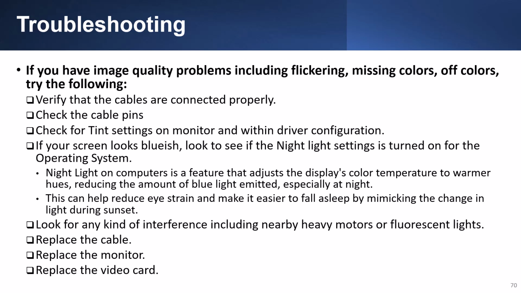Night light on computers is the feature that adjusts the display's color temperature to warmer hues, reducing the amount of blue light emitted, especially at night. This can help reduce eye strain and make it easier to fall asleep by mimicking the change in light during sunset. Look for any kind of interference, including nearby heavy motors or fluorescent lights. Lastly, try replacing the cable, monitor, or video card.